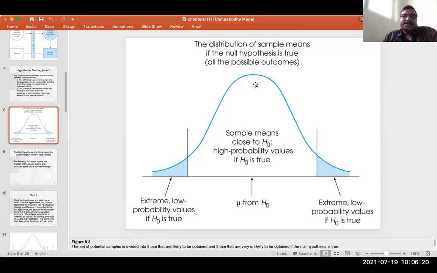With certainty, you can't say at any time that this is 100% true or 100% false. Based upon the sample data, you are making some prediction. It's not necessary that you always make good predictions, but if you follow the scientific method, most of the time your decisions should be good.